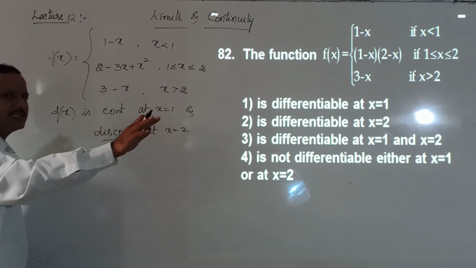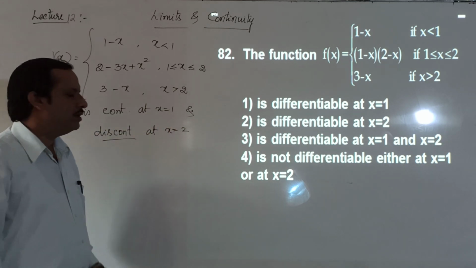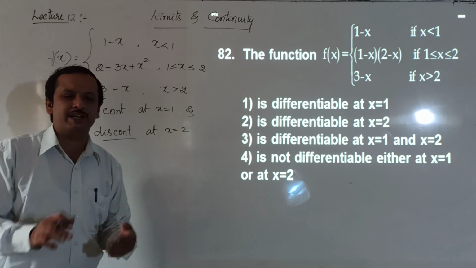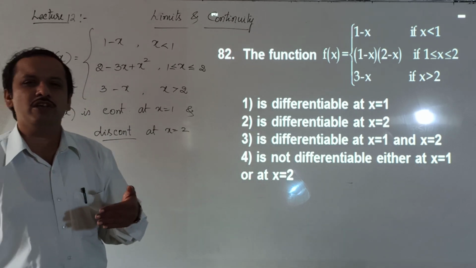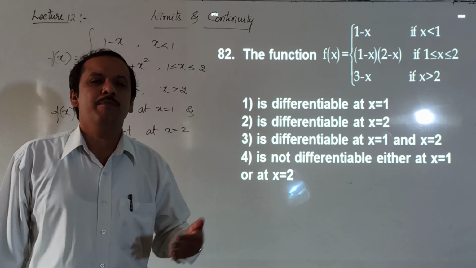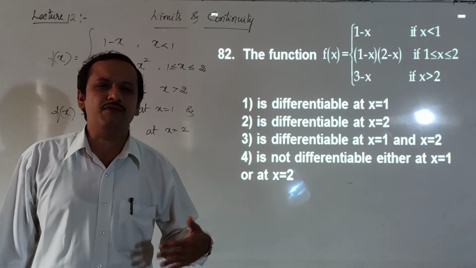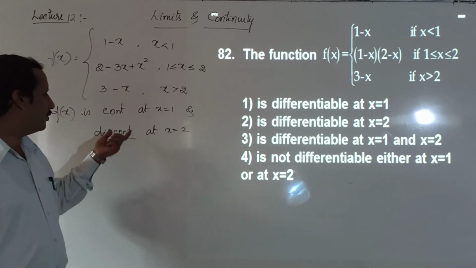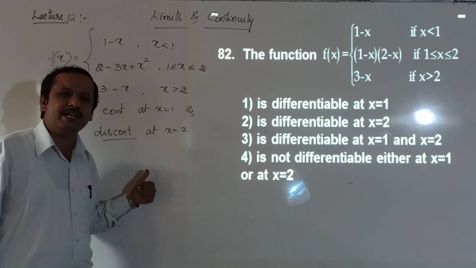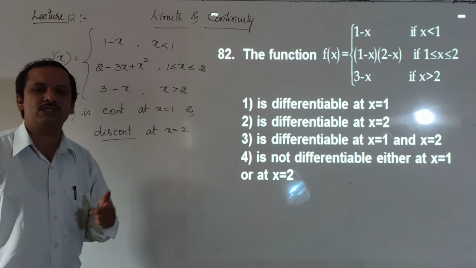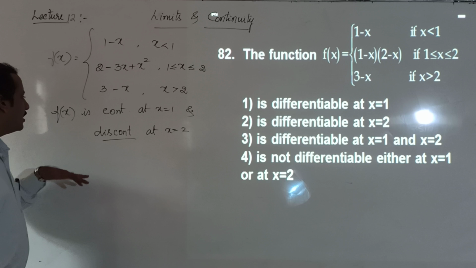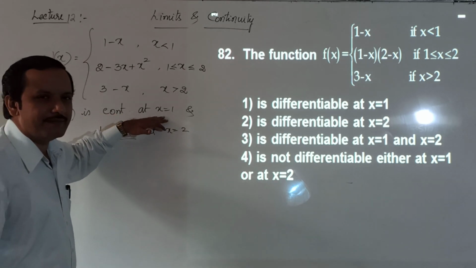Discontinuous directly implies that it is non-differentiable also. But continuity does not imply differentiability. Differentiability implies continuity: if a function is differentiable, then it must be continuous. But if a function is continuous, then that function may or may not be differentiable. So if a function is discontinuous at a point, then clearly it is non-differentiable at that point. Now the function is continuous at 1, we have seen.